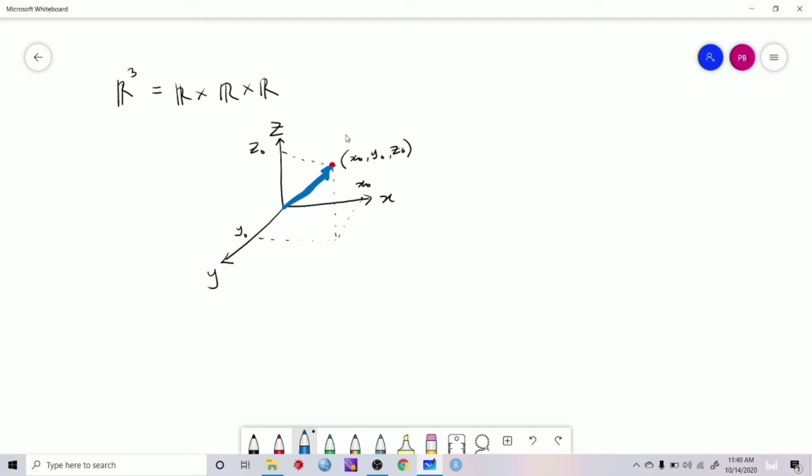So this vector here is in standard position. We may write the point in vector form as (x naught, y naught, z naught).